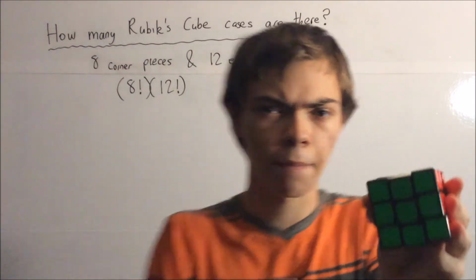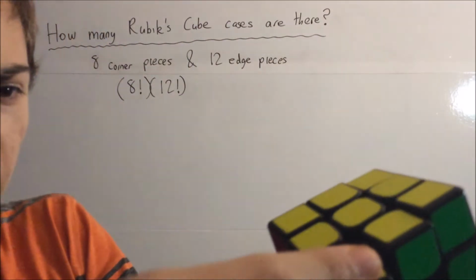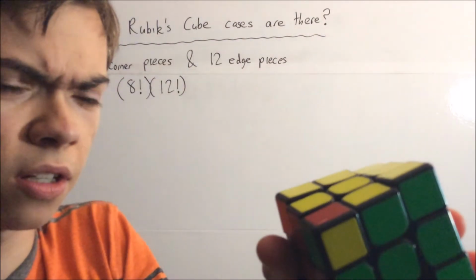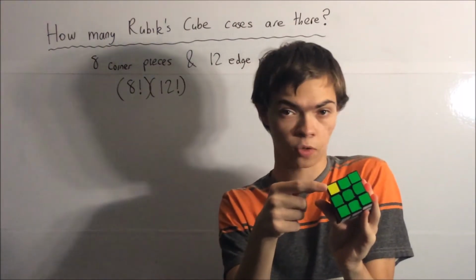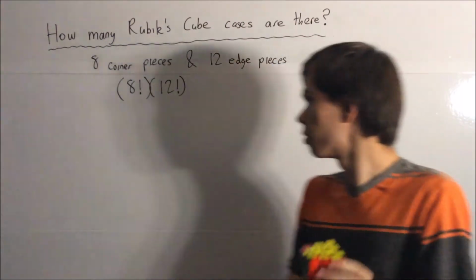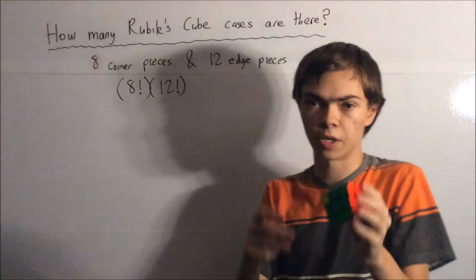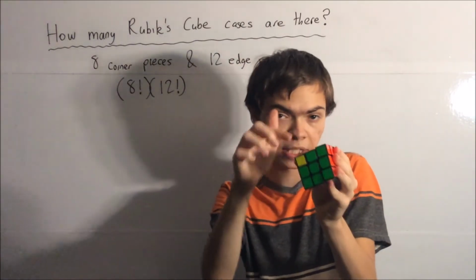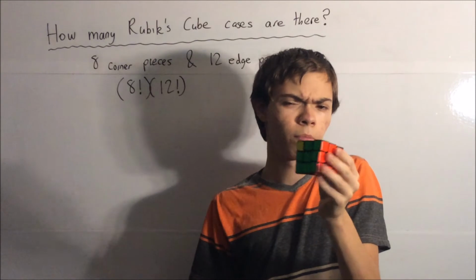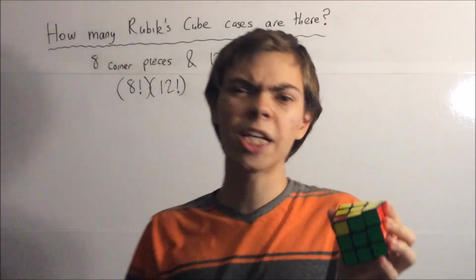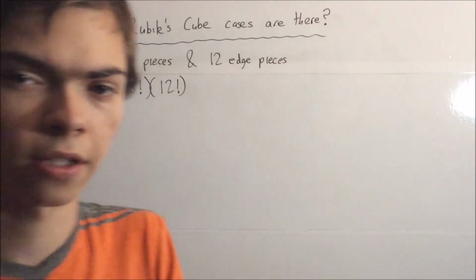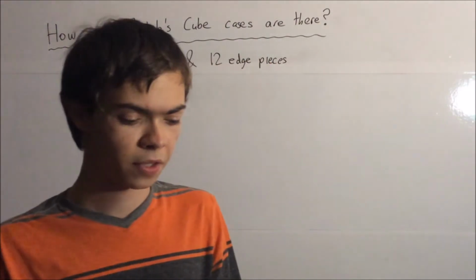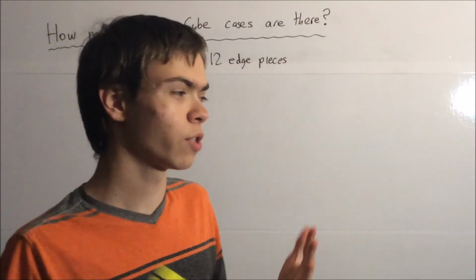However, what happens when I do this? I didn't change the position of this corner piece. So they still have the same permutation. It's still a specific permutation of the corner pieces. But the thing that changed about it was the direction at which the corner piece was facing. And so that is what we also have to think about.